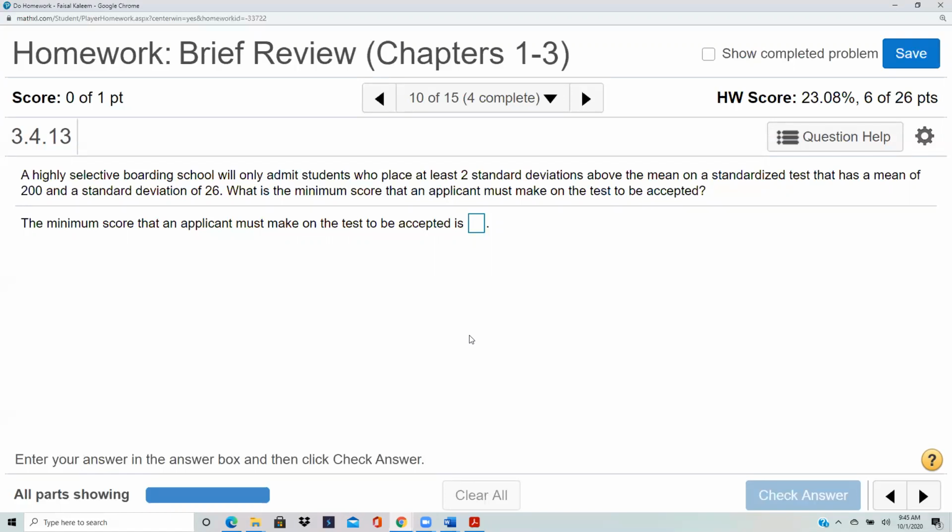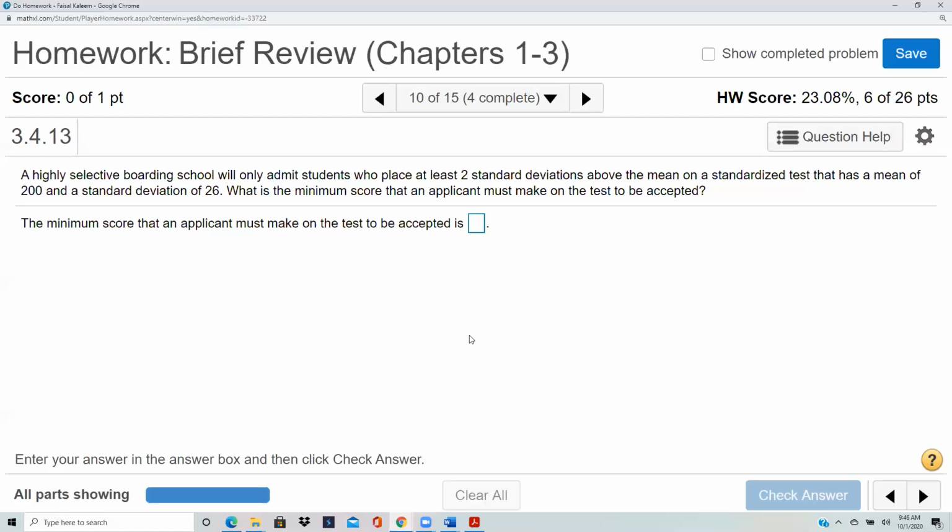So what is the 2 then? We just talked about it. If we're talking about some deviations above the mean or below the mean, what are we talking about? Was it the slope? No, we just talked about it. Isn't that the z-score?